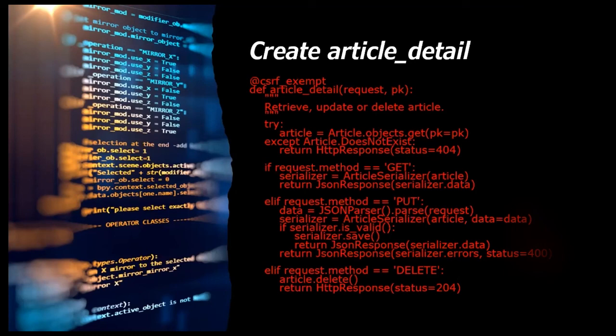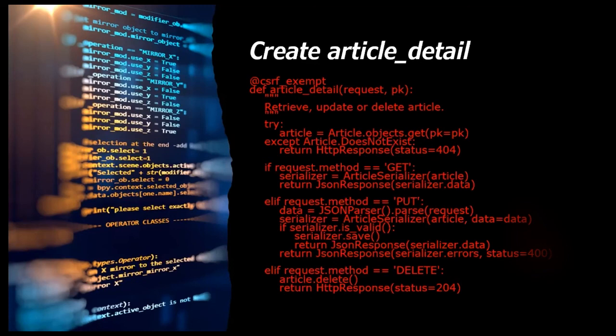Kung gusto natin makita yung individual article, kailangan natin gumawa ng view para doon. And it can be used to retrieve, update, or delete that article. So now, open your views.py and we need to add a new view function like this: article detail, with request methods get, put, and delete.